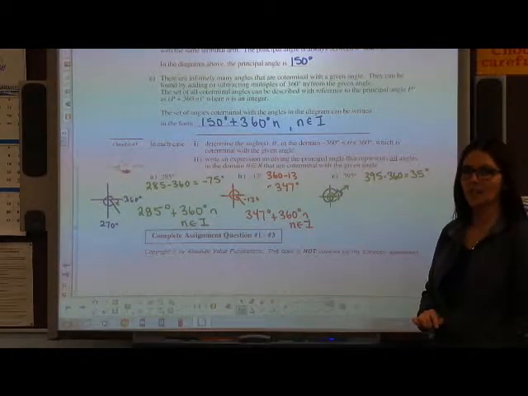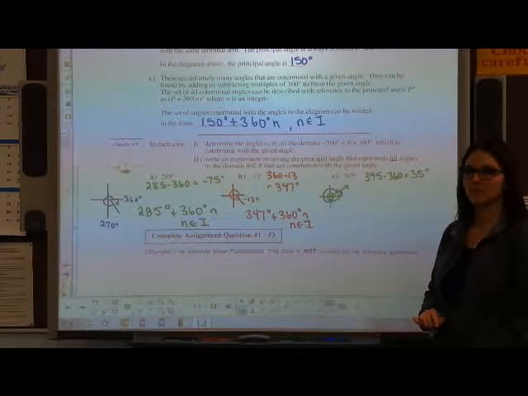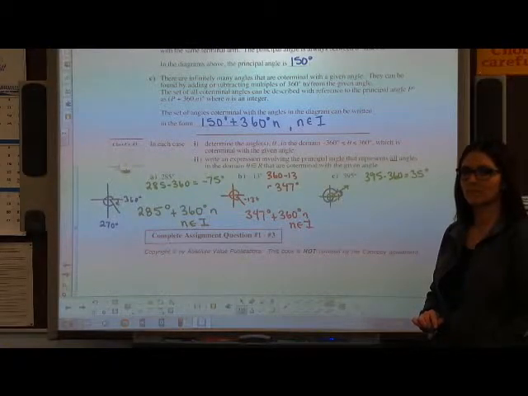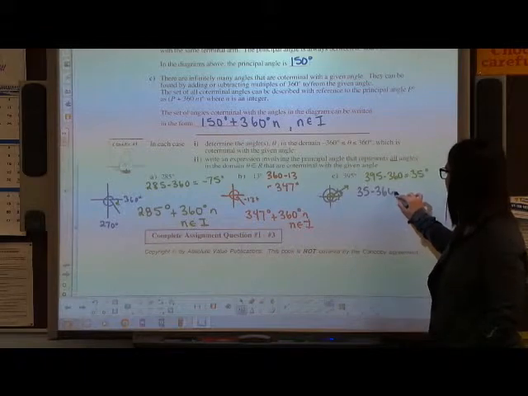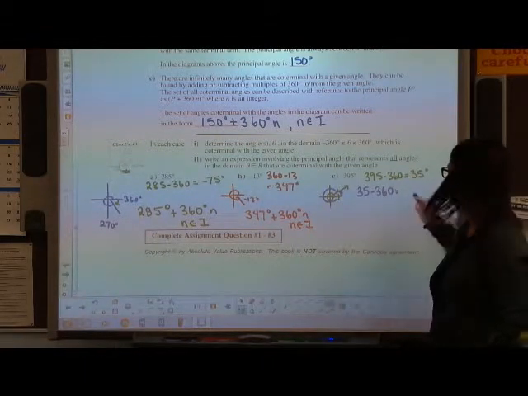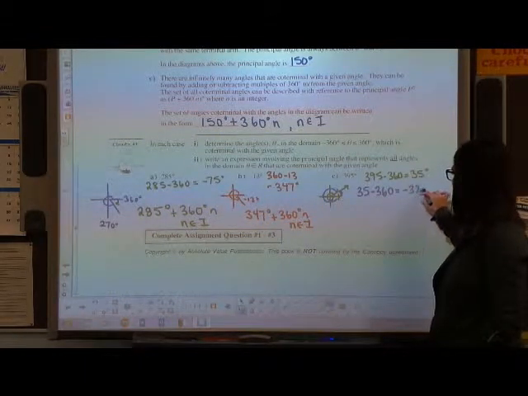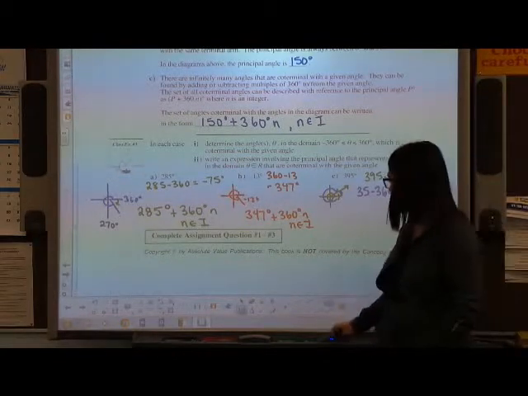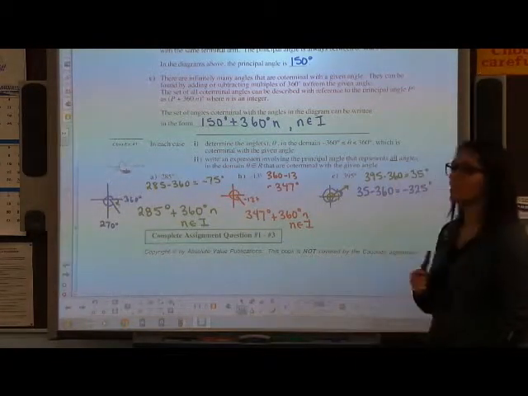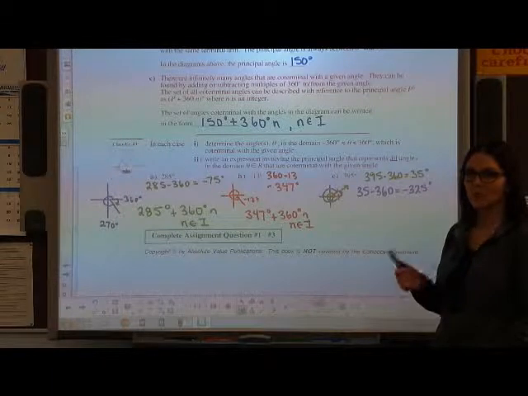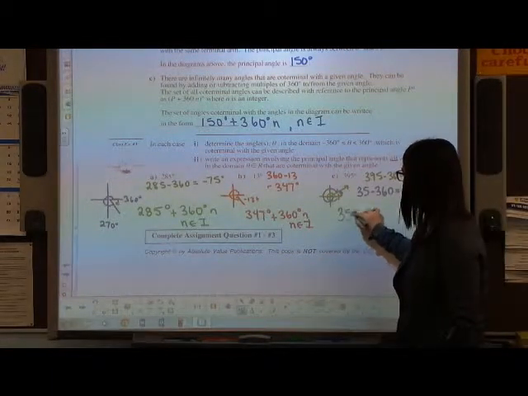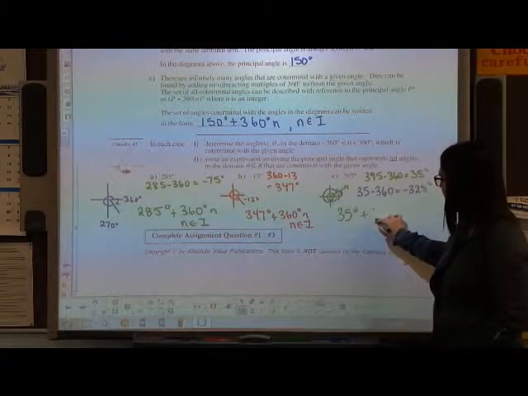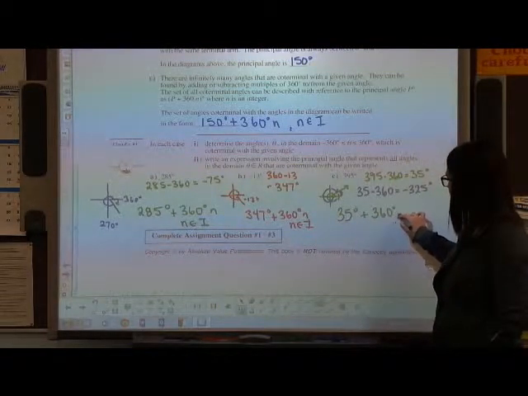How would I find that negative one? 35 minus 360, which would give me negative 325 degrees. Okay. And then the last part, an expression involving the principal angle. So which one's the principal angle? 35 degrees. And then I'm going to represent all angles by adding multiples of 360.